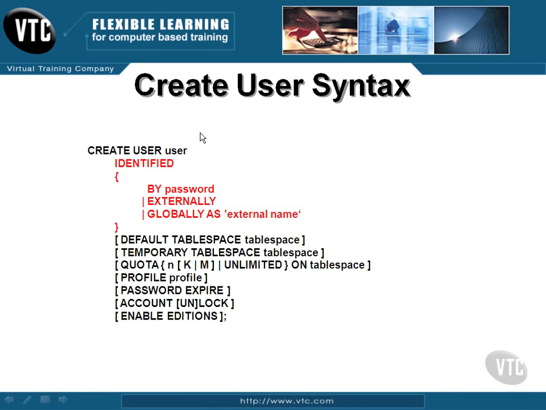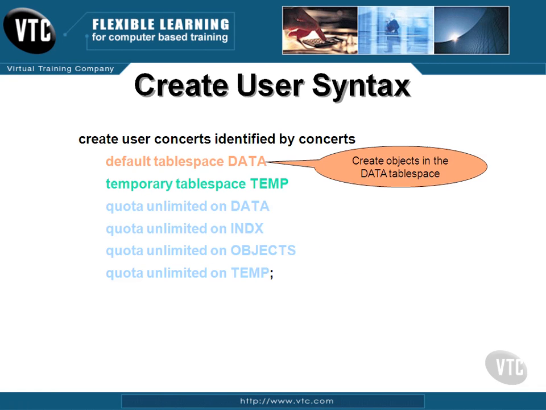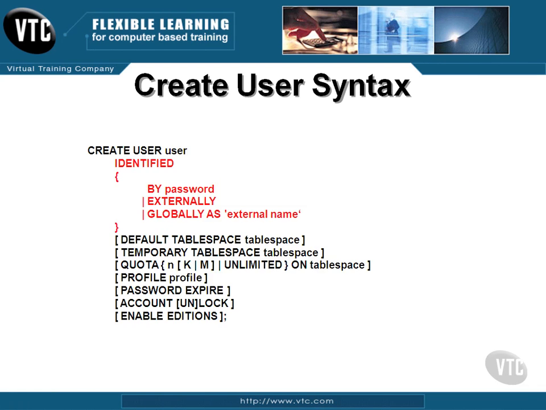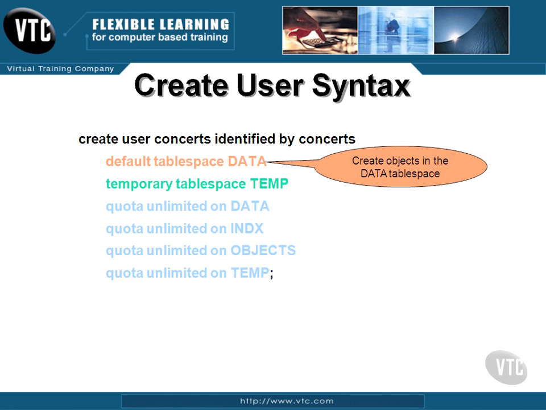So, additionally to identifying by some kind of password, we also have things called default table spaces, temporary table spaces, and quotas. The default table space means that all objects that are created in that user or schema, same as the user, remember, if you create a table, it will by default get created in the default table space that you define. In the case of this particular command, I've created it in the data table space.